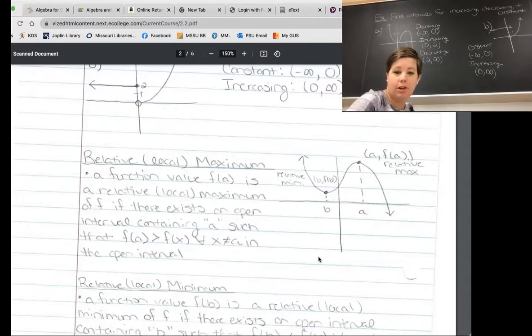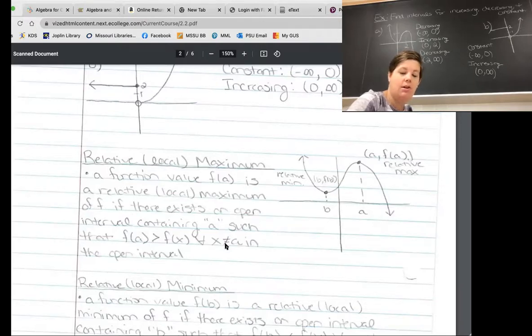And they're kind of logical in that a relative or local maximum, so local means in a given area, is the y, like a function value f of a is a relative or local maximum of f if there exists an open interval containing a such that the f of a is greater than the f of x for every x that's not equal to a in that open interval.